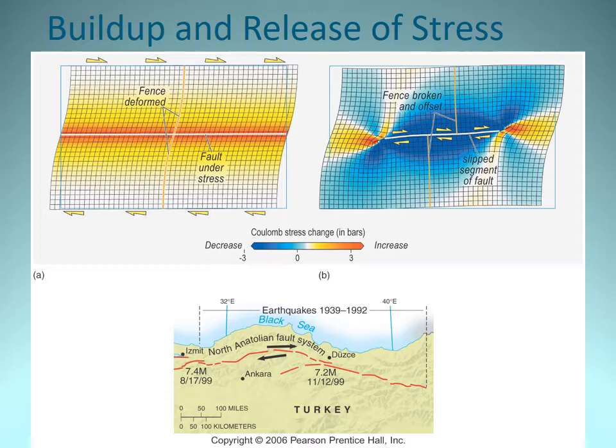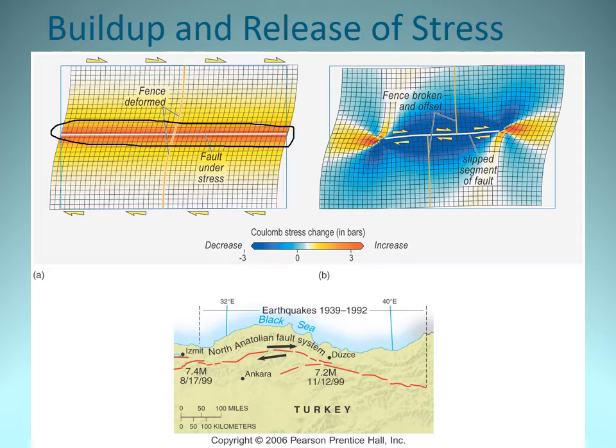So for example, in the upper right-hand part of this diagram, we're looking at stress along a fault. And the stress builds up because the pieces of rocks are moving, but they're locked together sometimes, but they're still trying to move. Now there's always going to be a breaking point.